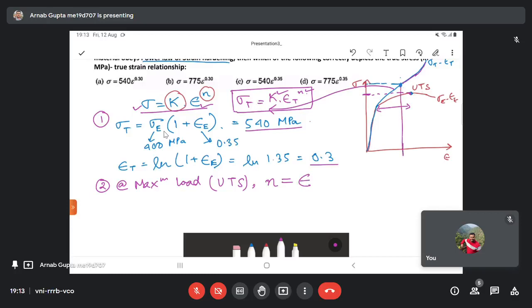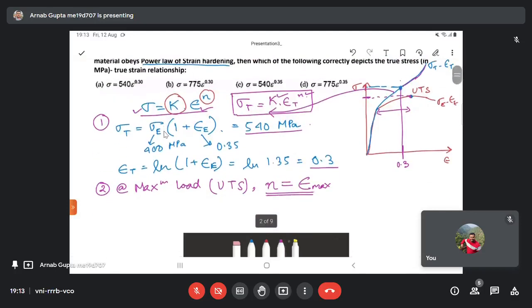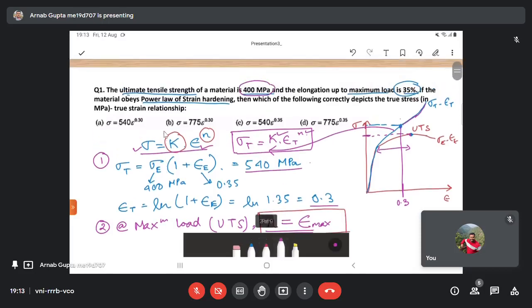So the value of n is equal to epsilon at the maximum loading point. This derivation is a small one, so I will derive it in the next slide, but this information you need to remember. The strain that you encounter at the maximum loading point is equal to the strain hardening exponent.